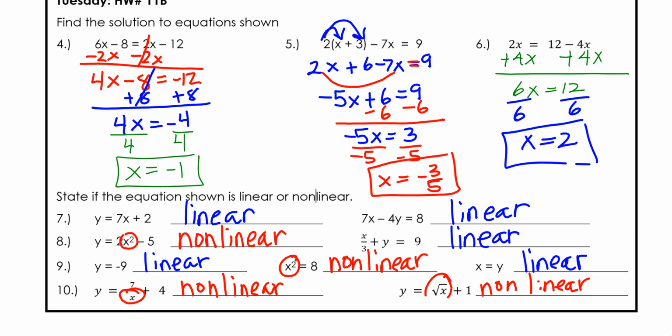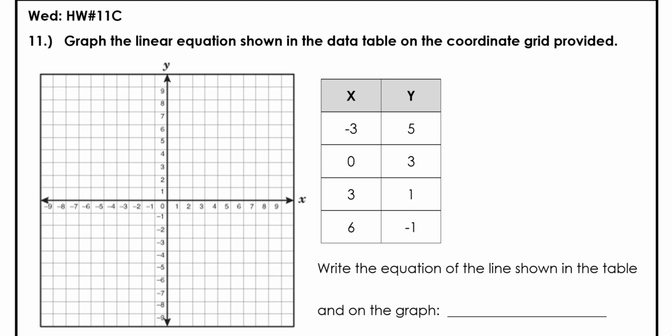Alright, let's take a look at the Wednesday box. Graph the linear equations shown in the table on the coordinate grid provided. So I'm going to take all of these points and put them on that grid. Remember, a data table is a bunch of ordered pairs. So -3, 5.